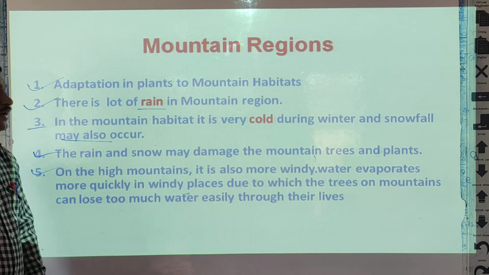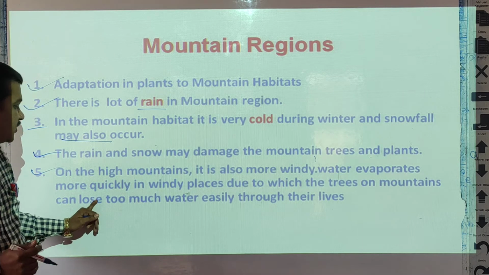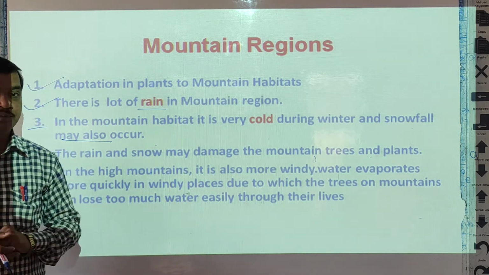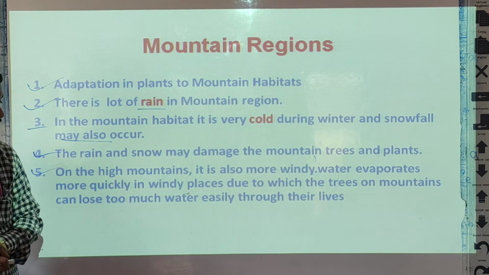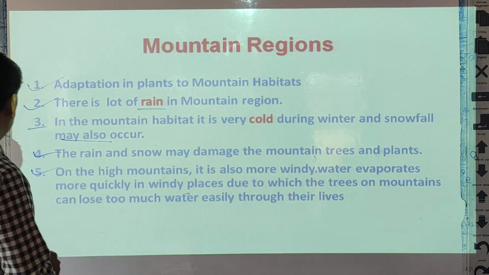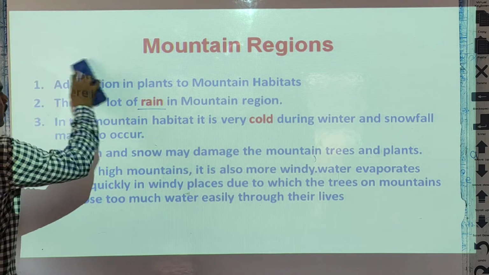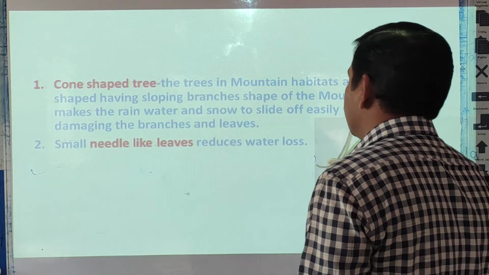On the high mountain it is also more windy, and the rate of evaporation is more in windy places, due to which the plant loses more water. So we'll see now the adaptations of plants.